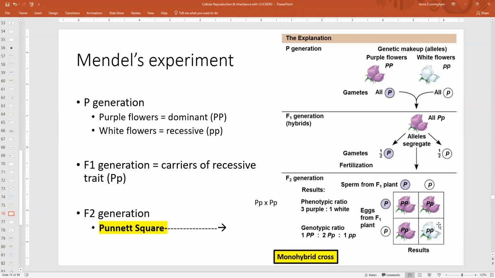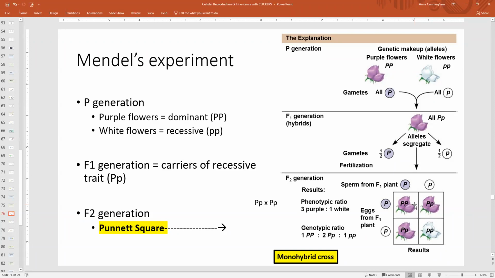And then it's a 1 out of 4 likelihood that the offspring will be homozygous recessive. So our genotypic ratio would be 1 to 2 to 1. That's the possibility of 1 homozygous dominant, 2 heterozygotes, and 1 homozygous recessive. That's our genotype, so it's just talking about the alleles present.